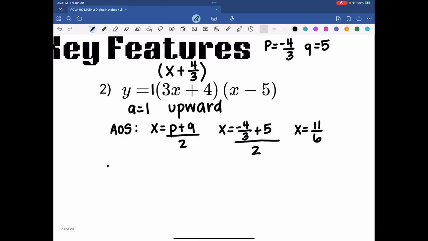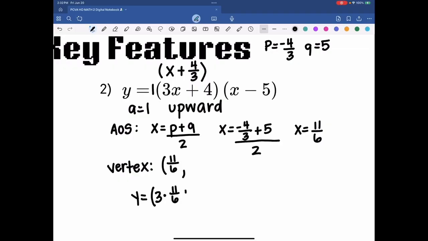Now, if you remember the vertex, we already know the x value because that's the axis of symmetry. So we would just plug in 11 over 6 into our problem. So we would say 3 times 11, or excuse me, let me take that and put it in the parentheses. So 3 times 11 over 6 plus 4, and then 11 over 6 minus 5.